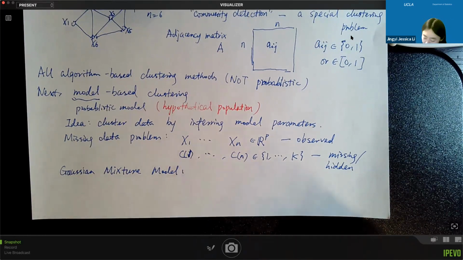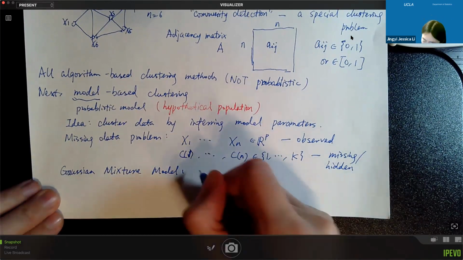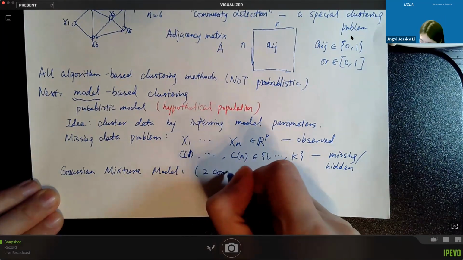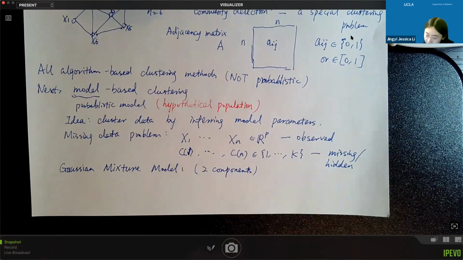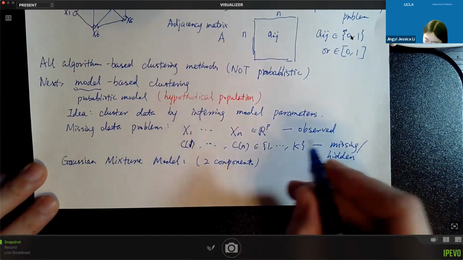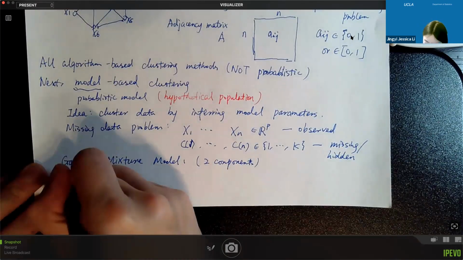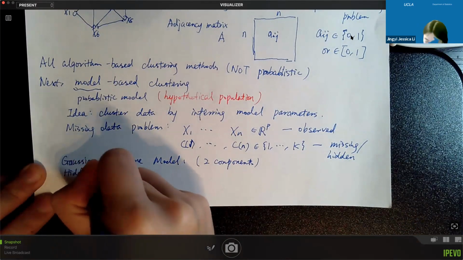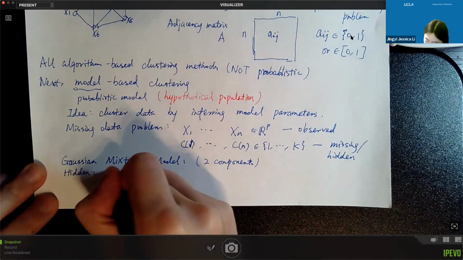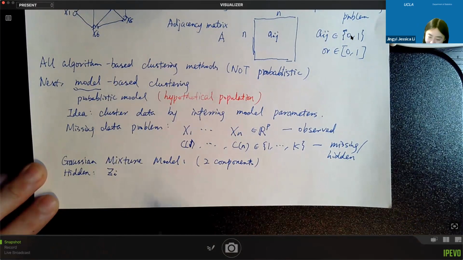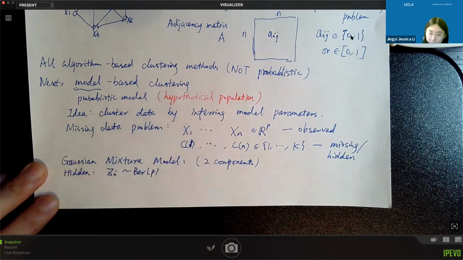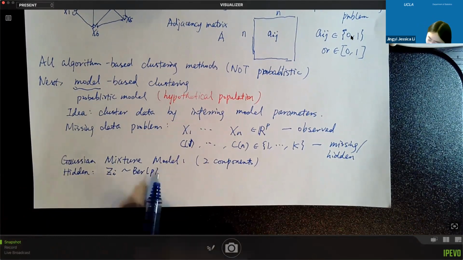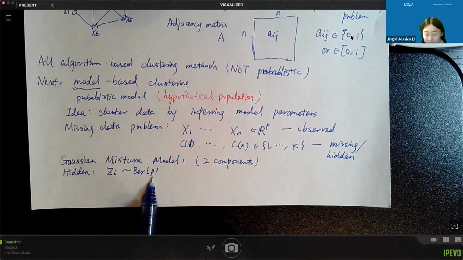So let's make it simple. Let's just say this mixture model has two components to start with. We specify that for data point i, there is a hidden random variable Zi that is drawn from a Bernoulli distribution with parameter p, that is the probability of taking the value 1.